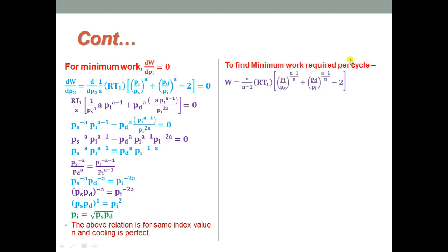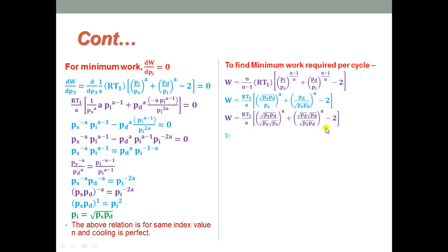To find the minimum work required per cycle, we will make use of the work done for multi-stage, and we are going to substitute for the intermediate pressure. We have already replaced P2, P1, P4 with suction pressure, intermediate pressure and delivery pressure, and from the relation the intermediate pressure is replaced with root of Ps Pd. Then we are going to simplify the expressions one by one.